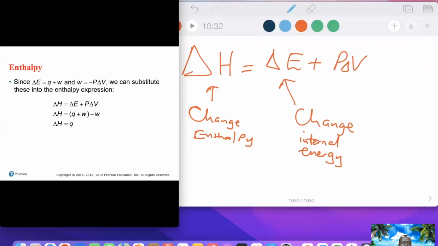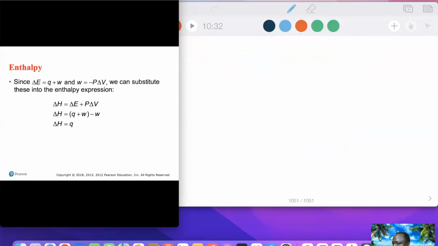Now at constant pressure, change in enthalpy for a reaction is just the same as Q.